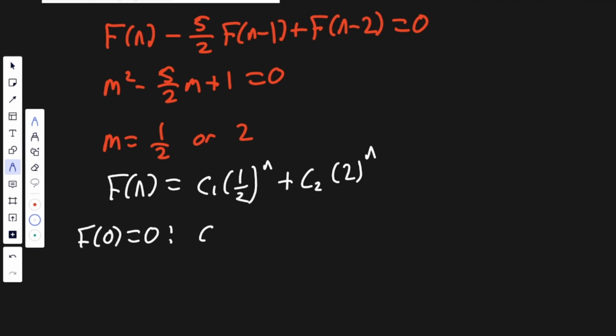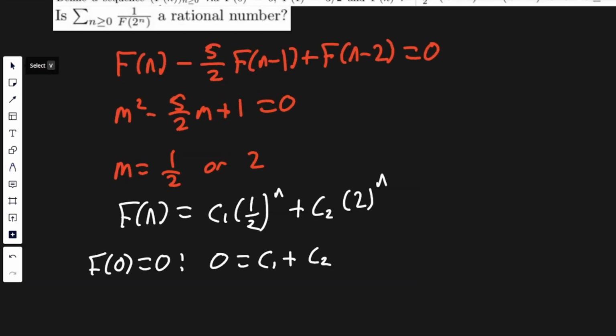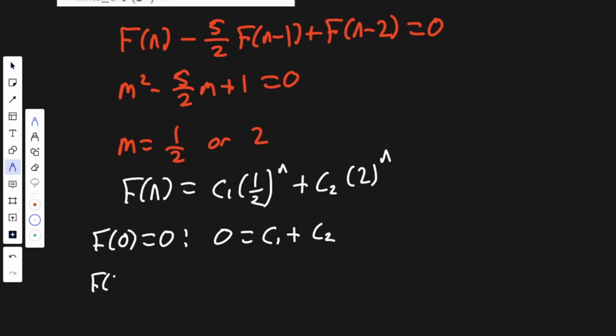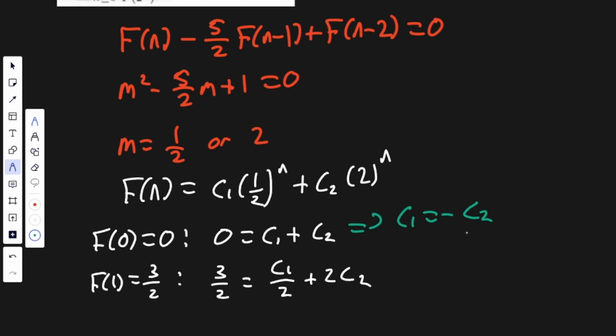this gives us 0 equals c1 plus c2. And taking our other initial condition, f of 1 equals 3 over 2, that's going to give us that 3 over 2 is equal to c1 over 2 plus 2c2. Now rearranging the top one, we get c1 as minus c2.